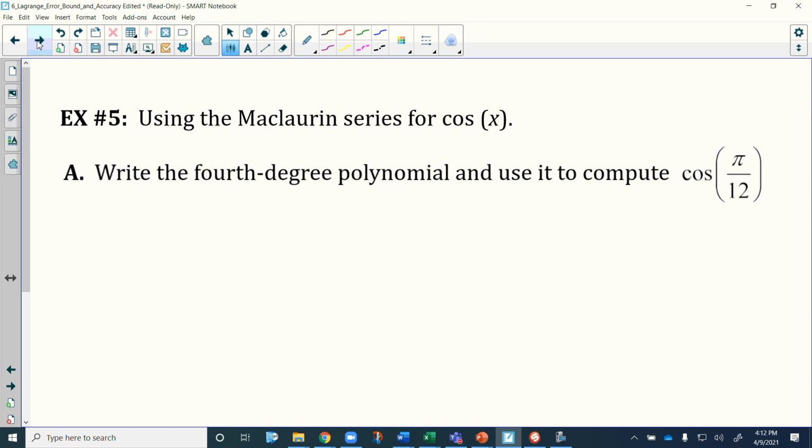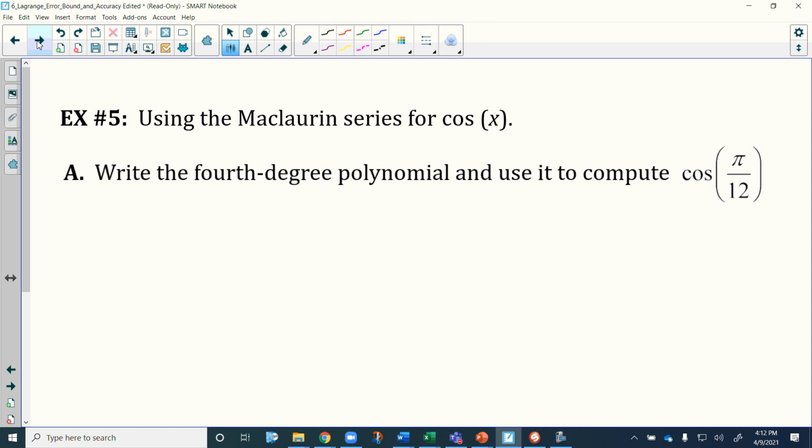Now, feel free to pause the video at any point and see if you are able to write the 4th degree polynomial that we would be looking at here, and hit play whenever you're ready to go.